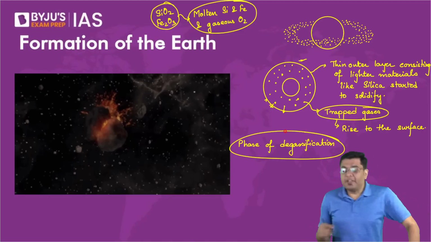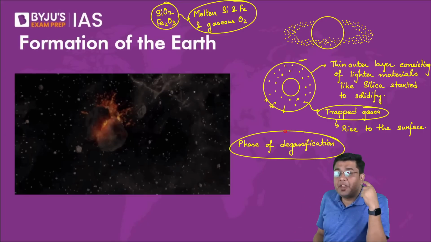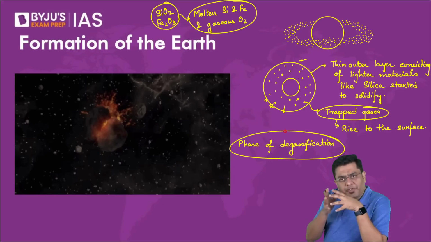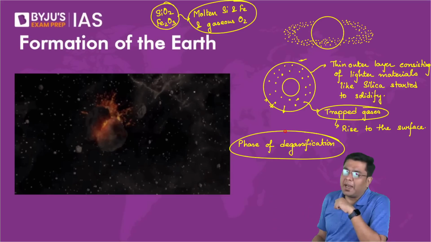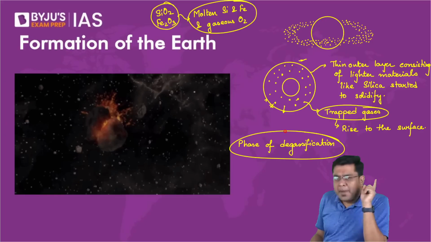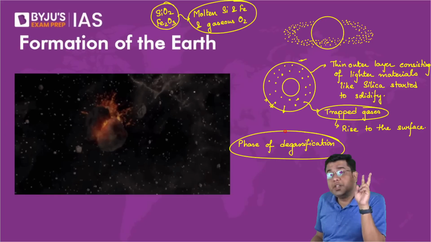Now, when we say the phase of degasification, that is basically that phase where a lot of molten materials, along with the gases, would simply exit the interior of the planet. That would bring about a huge amount of volcanic eruptions. Amongst the gases which were released, you also had oxygen and hydrogen.